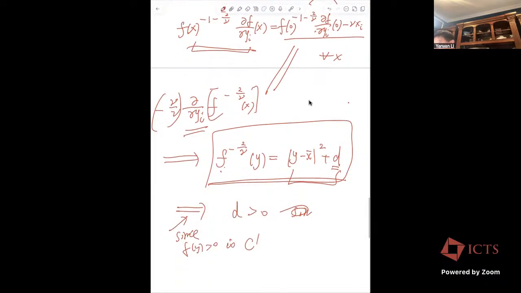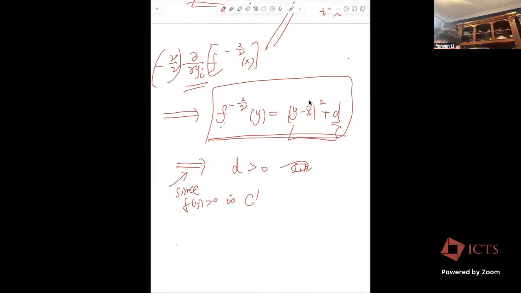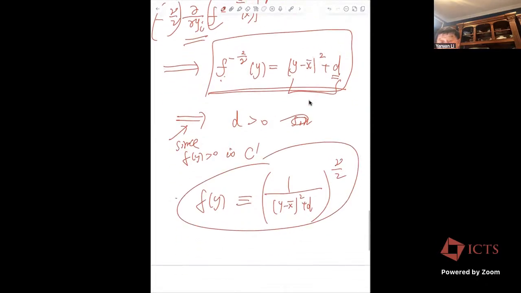Okay, so d has to be positive. So now you have proved that f of y must be equal to 1 over y minus x bar square plus d, to the power nu over 2. So you don't see the a there because when we do without loss of generality, we assume capital B is equal to 1. We already normalize that constant to be 1. So this settles the elementary lemma, second elementary lemma for f in C1.